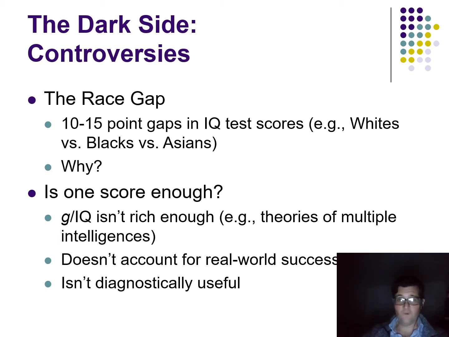Is one score enough? Well, G or IQ is not a hugely rich topic, but in general, there is no evidence for these theories of multiple intelligences, like Howard Gardner's thing. The only thing there is bodily kinesthetic, which is basically your ability to acquire new physical skills.